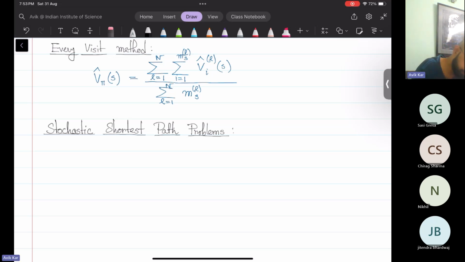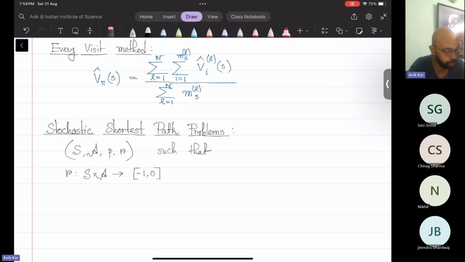So this is basically an MDP with S, A, P, and R, such that R is a function from state and action to -1 to 0. Since we are talking about the reward setup, I don't want to change it, so I just made the reward negative.